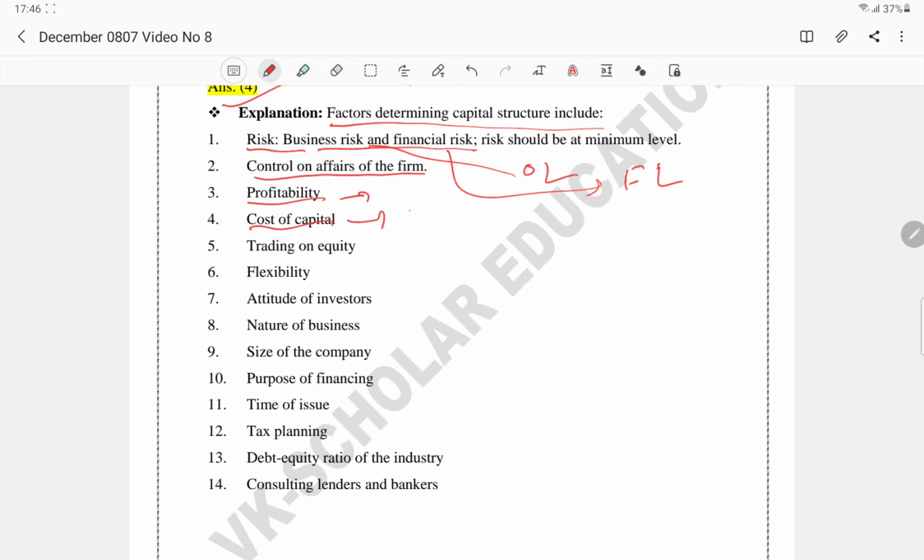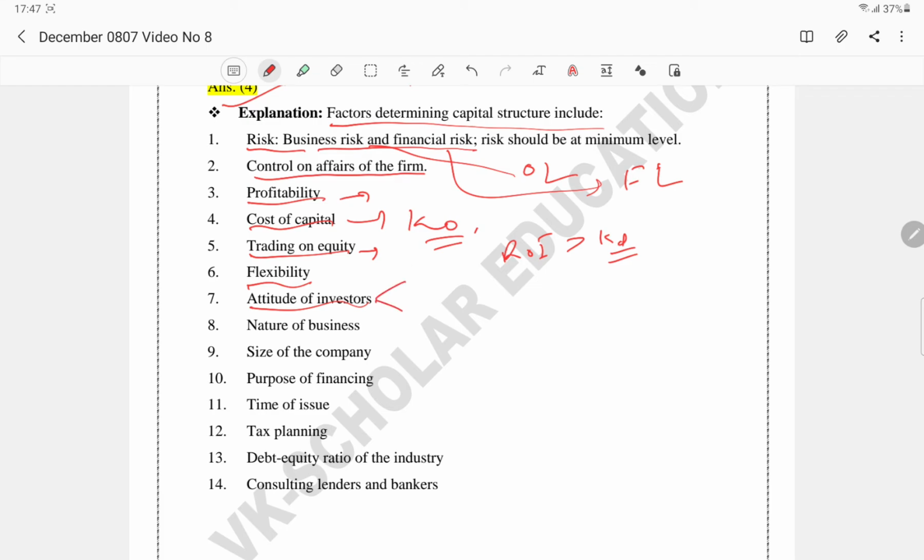Cost of capital means overall cost of capital of a firm, as well as the specific cost of capital. What is trading on equity? We call it financial leverage. When ROI is greater than fixed financial charges, meaning the cost of debt, we call this trading on equity. There must be enough flexibility in choosing different sources of capital. Attitude of investor: different categories of investors.